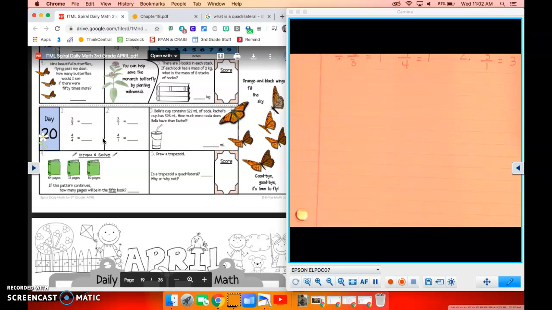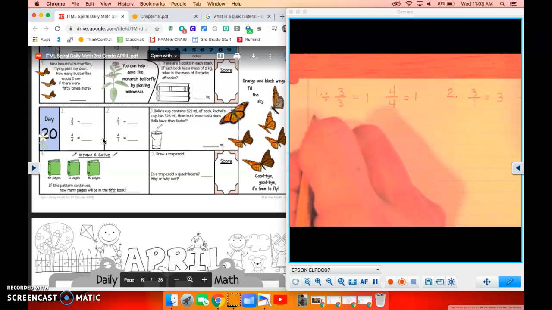Same thing here, 3 over 1 equals 3. You could also do that in different ways, but now you're kind of getting into a mixed fraction kind of thing. So we're just going to stick with this for now, okay? All right, let's keep going.